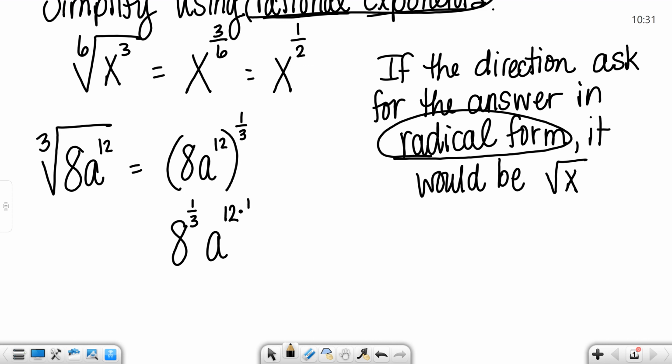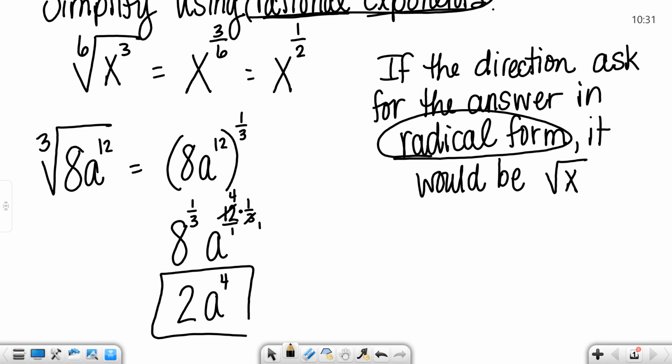Power raised to a power, I multiply. So the 8 to the 1/3 is 2. The cube root of 8 is 2. And I can simplify that fraction and I get a to the 4th. So my solution here would be 2a to the 4th.